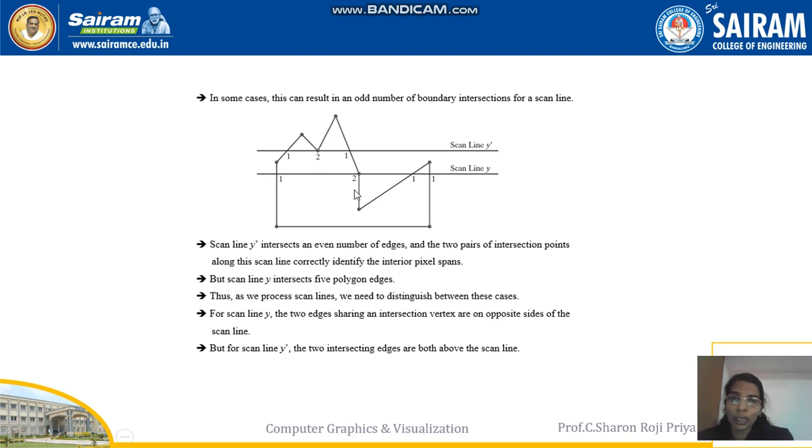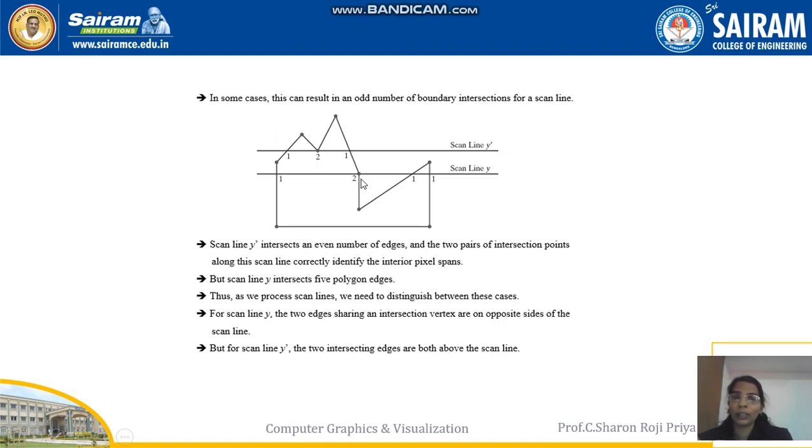Now see, this is my vertex. This vertex is the common point for this edge and this edge, so you should travel along both these edges. If I travel in this direction, the y value keeps on increasing. If I travel in this direction, the y value keeps on decreasing. So till the end, either it is increasing or decreasing.